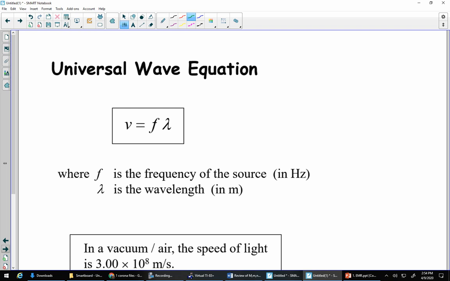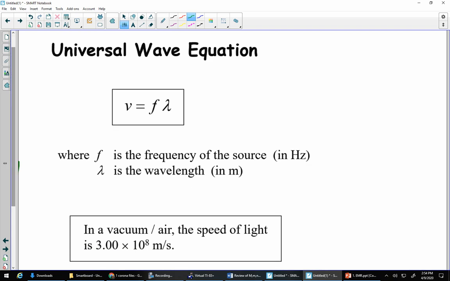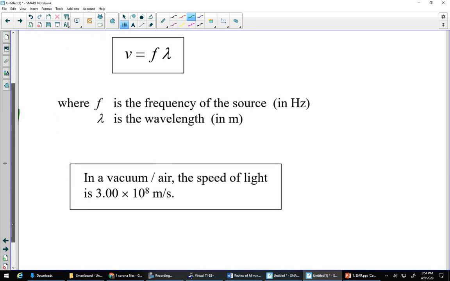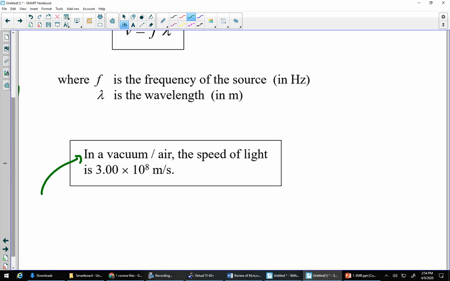We also remember from Physics 20 our universal wave equation, for figuring out the speed of a wave. V is equal to frequency times wavelength, where f is the frequency, obviously, and lambda is the wavelength measured in meters. The big thing for us now, though, is if we're in a vacuum or in air, the speed of light is given to us on our data sheet.